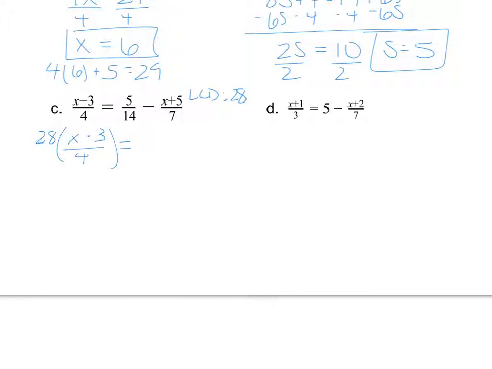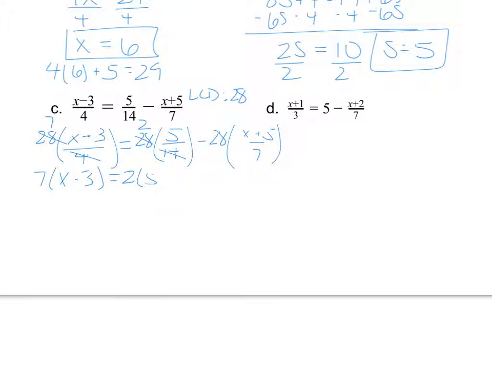Basically what happens is the denominators cancel out part of that 28, and I'm left with only smaller pieces. So this cancels, and I have 7 times x minus 3 equal to 2 times 5 minus 4 times x plus 5.